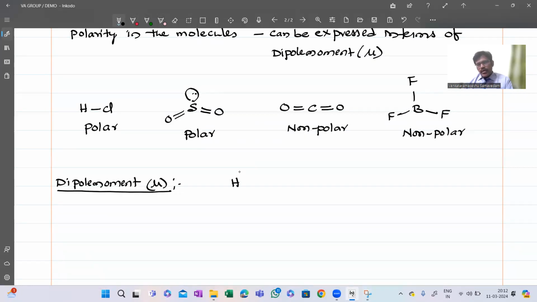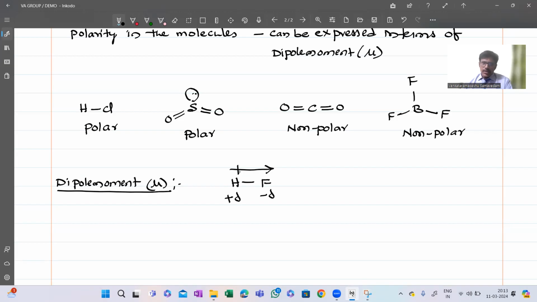If I take hydrogen and fluorine, towards the fluorine atom the migration of electron density takes place. That migration can be represented with an arrow. It develops a partial negative charge on the fluorine atom and a partial positive charge on the hydrogen atom.